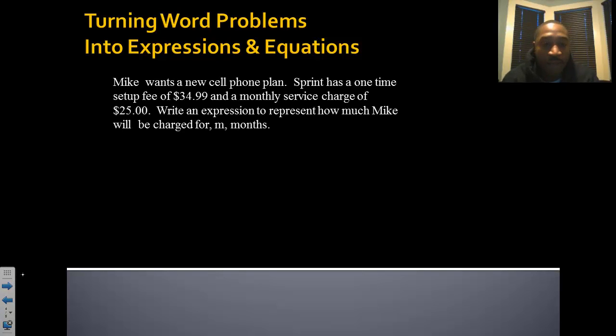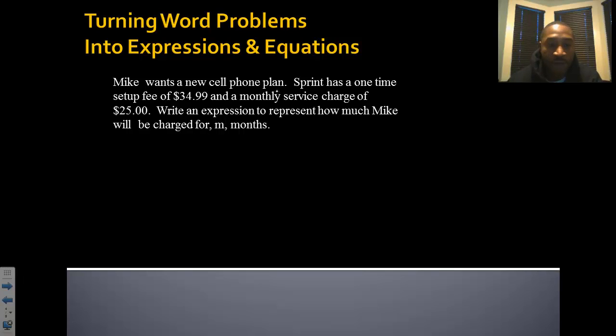Okay, it says Mike wants a new cell phone plan. Sprint has a one-time setup fee of $34.99 and a monthly service charge of $25. So write an expression to represent how much Mike will be charged for M months. Okay, so what do we have here?